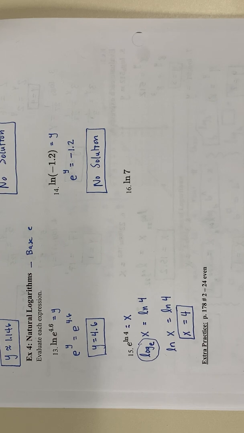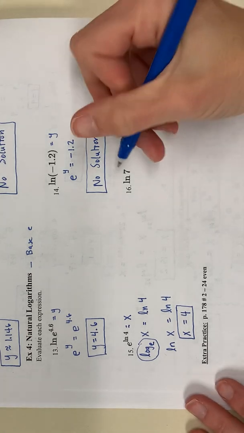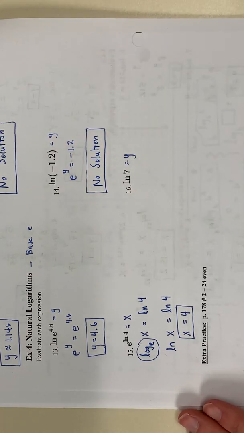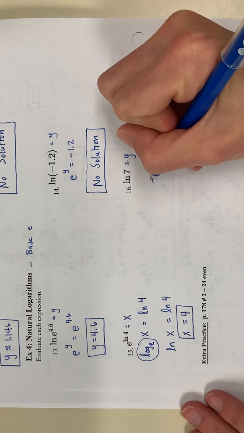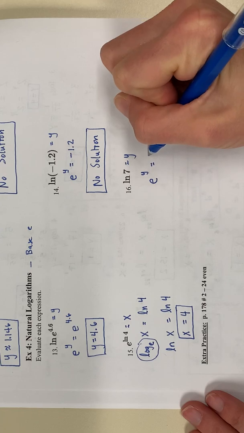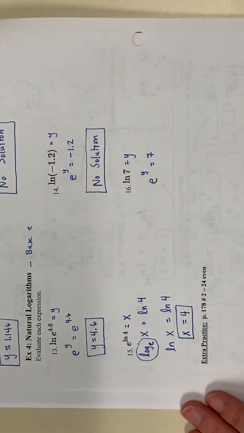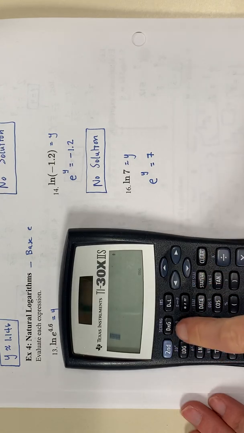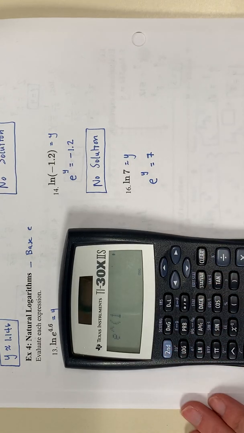Last problem, number 16, we have natural log of 7. Again, this is written in logarithmic form, so I'm going to set it equal to y and change it to exponential form. The base of the natural log is e, e to the y power equals 7. Now, if I take e to the first power, I get 2.718.